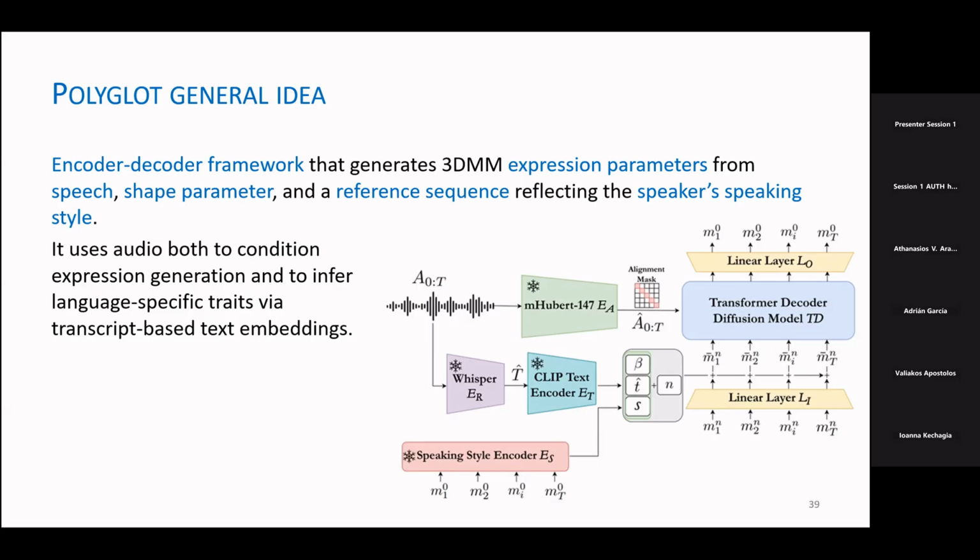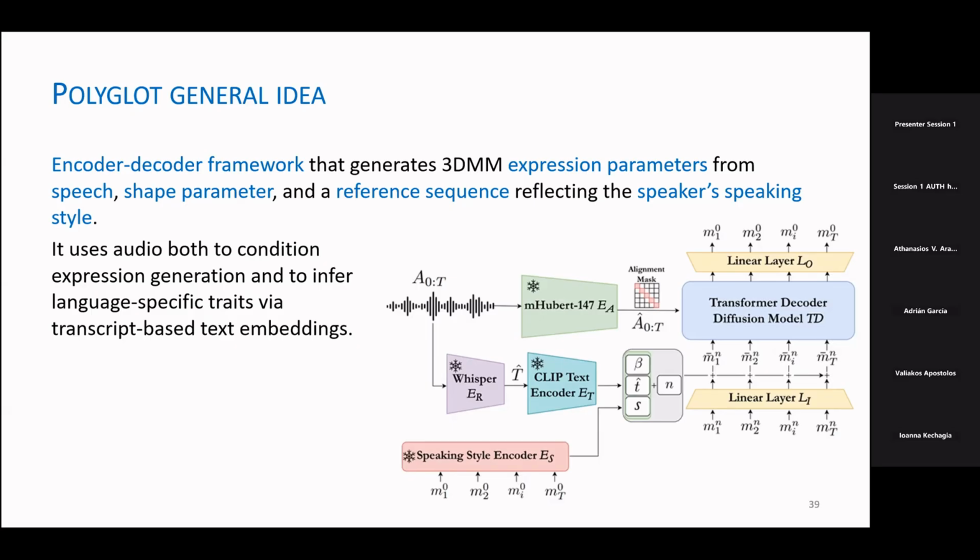Then we have a second part for the encoding, where we use Whisper to encode the audio into text. So we pass from the audio track to a text transcription of that speech, and this textual part is then given as an input to a CLIP encoder.